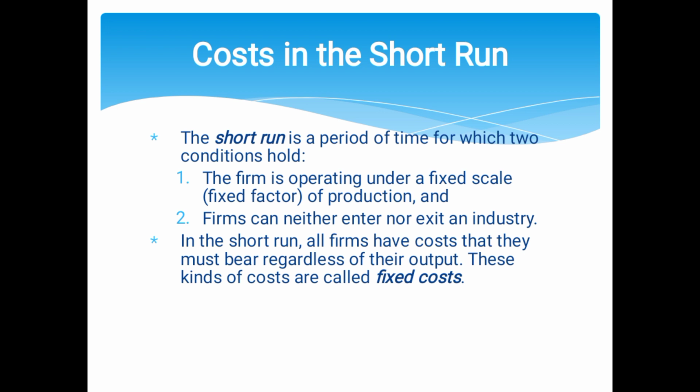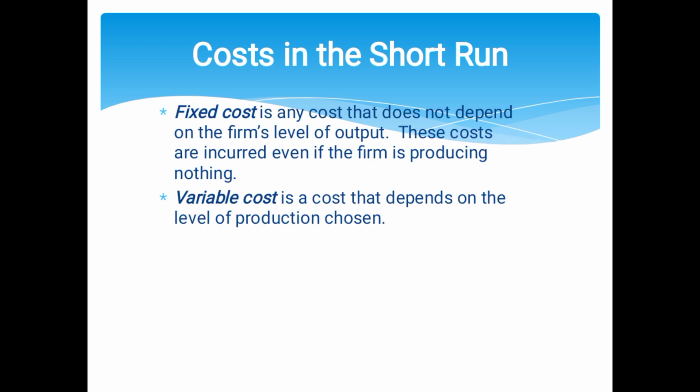In the short run, all firms have costs that they must bear regardless of their output. This kind of cost is called fixed costs. What is fixed cost? Fixed cost is any cost that does not depend on the firm's level of output. These costs are incurred even if the firm is producing nothing.